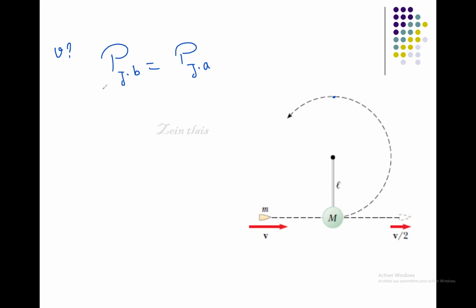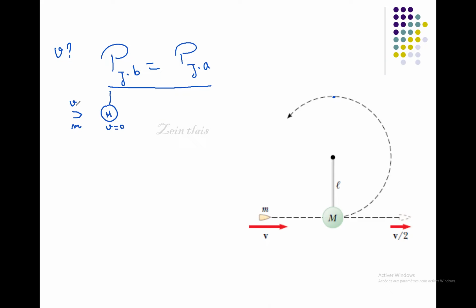Anyway, let me start with this point. Before the collision, we have the pendulum and we have the bullet. Here we have m and V1, and the pendulum has capital M with V equals 0.